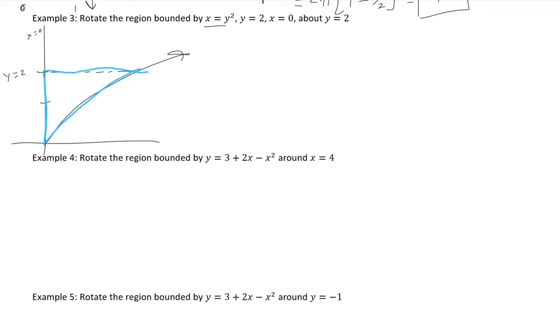Now if I do that with cylindrical shells, I would have a cross-section that looks like this. And we'd be rotating that around this curve right here, around y equals 2. So that'll give me a little bit of a pyramid shape if I make this. So yeah, a cone shape more or less. Okay, so since we're making that cone, we can solve for this.